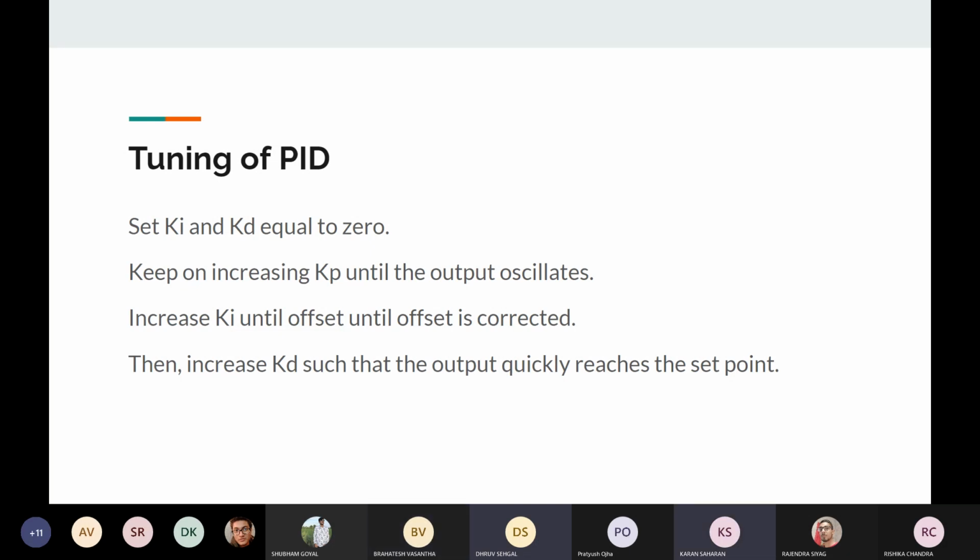You can't keep the values of Kp, Ki, and Kd equal for both systems. It will not behave in a similar way. If for one system you keep Kp as 5, Ki as 3, Kd as 2, and for another system you keep the same values, the first system may achieve the steady state, but the second system may not.